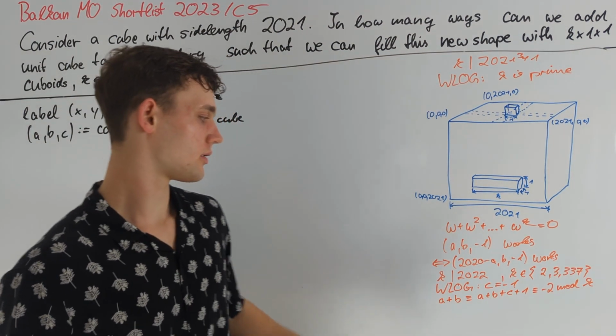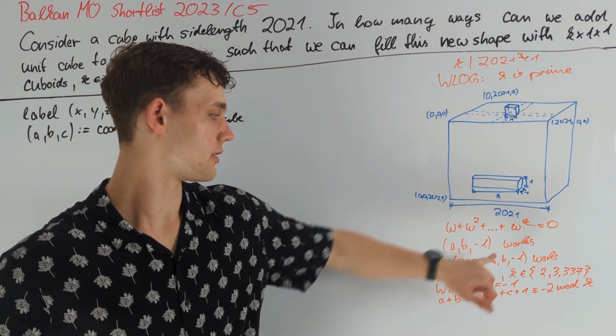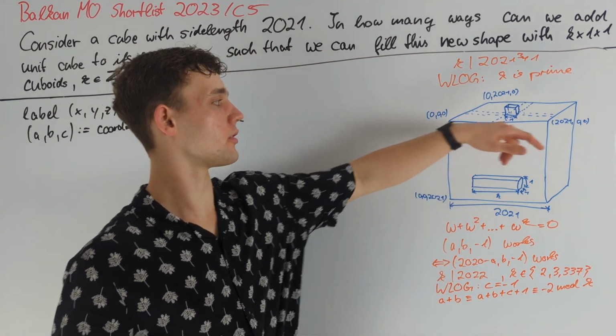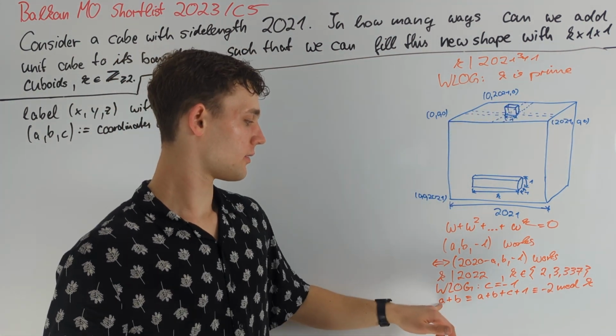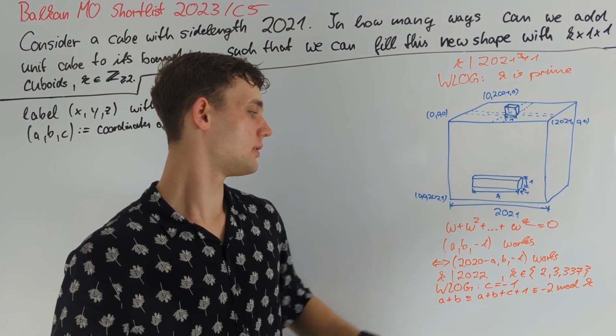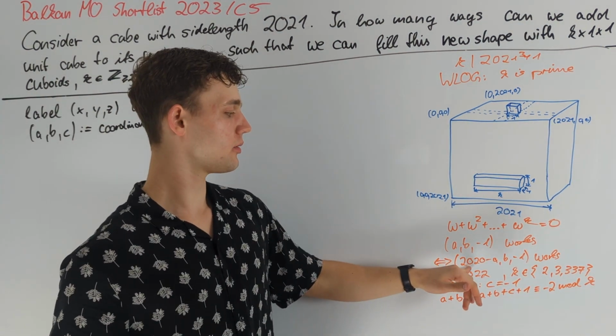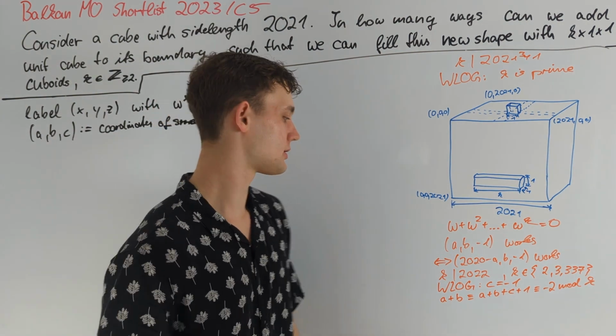I noted down that we will, from now on, as we already did here, assume without loss of generality c is equal to negative 1, so we work on the top cube. And then from what we got earlier, a plus b must be congruent to negative 2 modulo k. We now use the symmetry we found to make up for our choice.